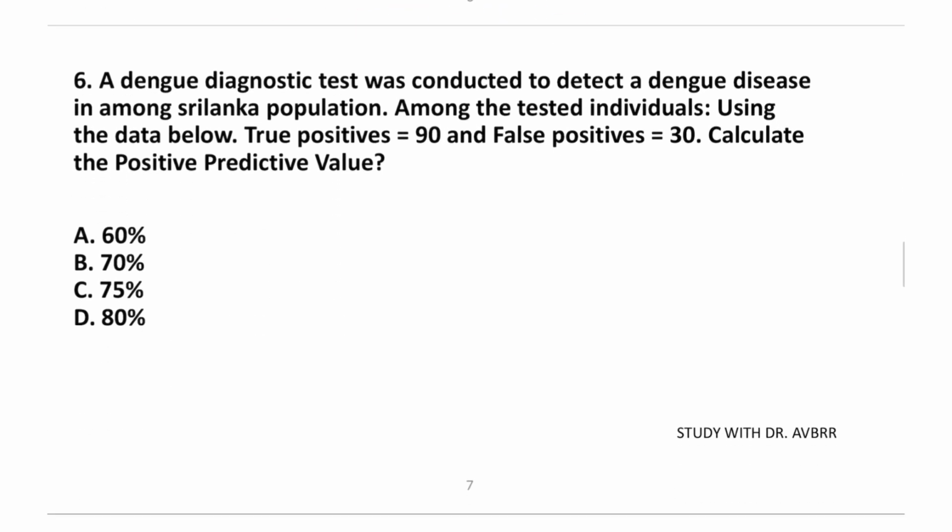Next question. Here you have to calculate the positive predictive value. What is the positive predictive value? This is true positives divided by true positives plus false positives, only about the positives, into 100. Let's substitute the values.